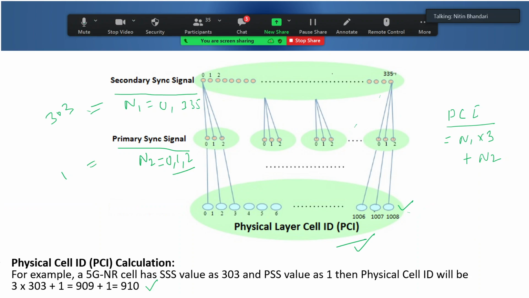First, the maximum value: 3 times 335 plus 2 gives you 1007. That will come, so this goes up to 336 maybe here. There may be some mistake in this particular number, so it goes up to 1008.